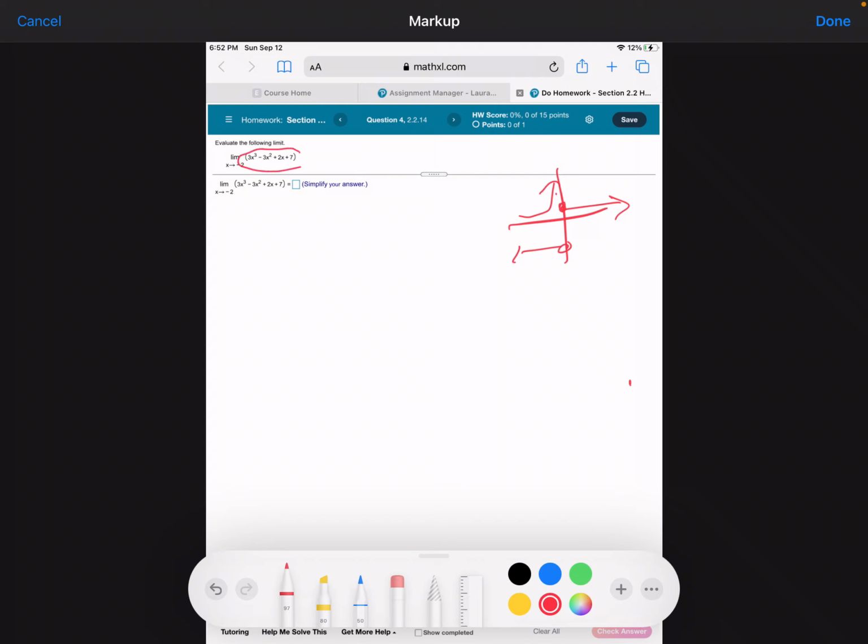So let's just say that this function's called f of x. So I'm just going to see what f of -2 is. So this would be 3 times (-2) to the third minus 3 times (-2) squared plus 2 times (-2) plus 7. Make sure you use parentheses. You really got to watch those signs.